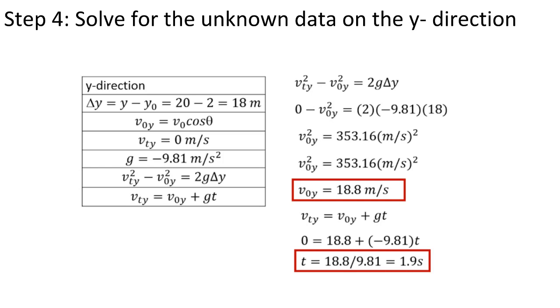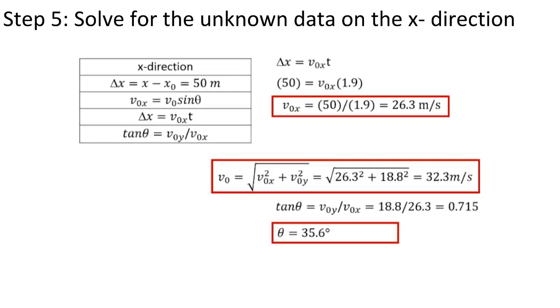Since we have all these values, we can therefore solve for the initial velocity and we get 18.8 meters per second. Then we're going to apply vTy equals v0y plus gt, another fundamental kinematics equation. And from there we get the time, which is 1.9 seconds.